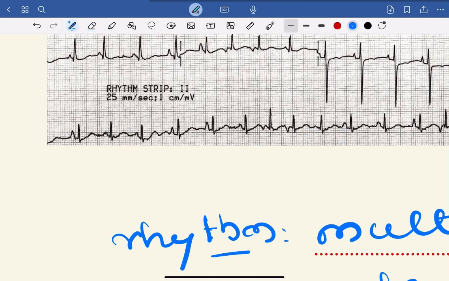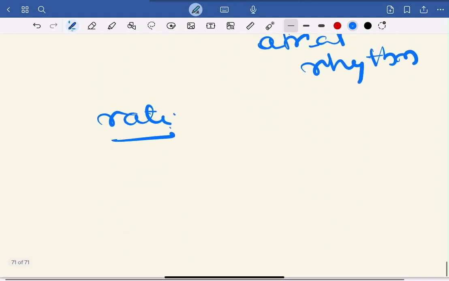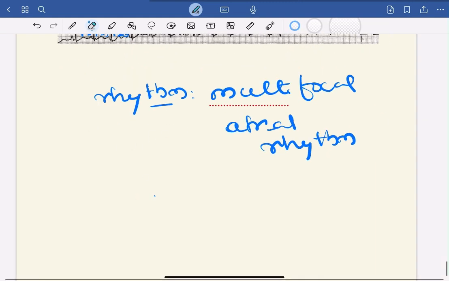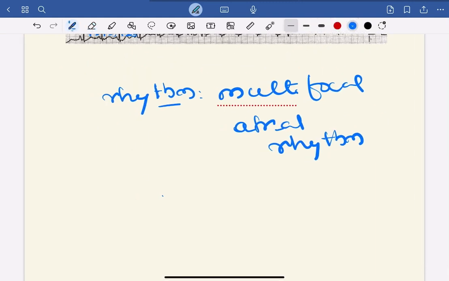See how many boxes are there? 1 big box, 2 big box, almost 2.5 to 3. 1, 2, 3, 1, 2, 3, more than 3. 1, 2, 3, here 1, 2. So it keeps on varying. So there is irregular rhythm. Irregular RR interval.